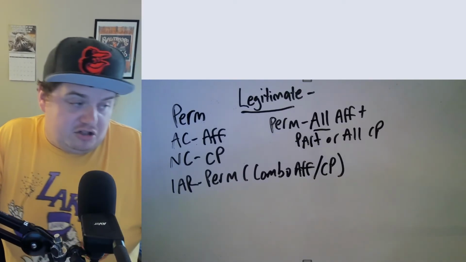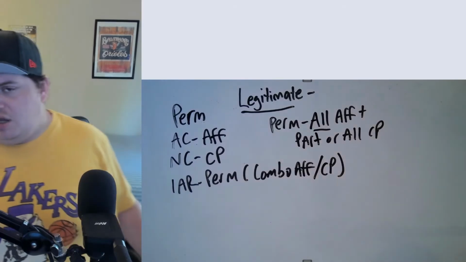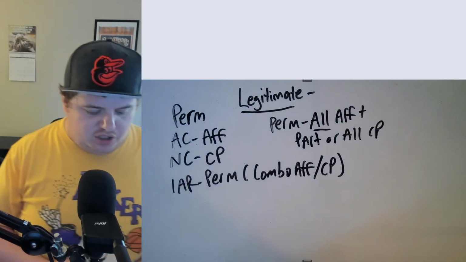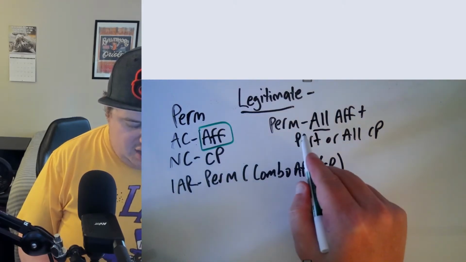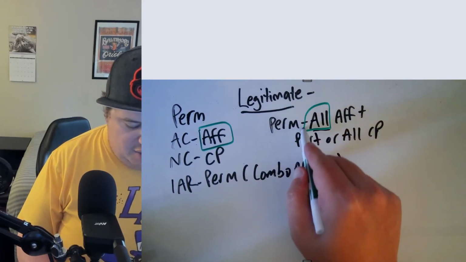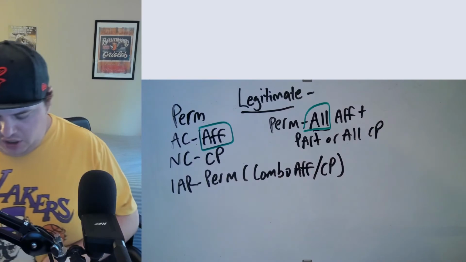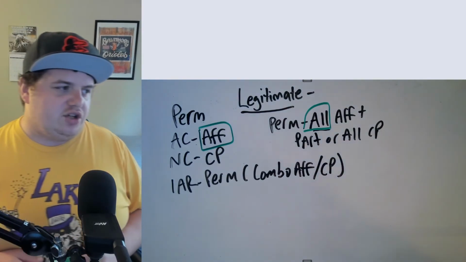Yeah. So there's the notion that in order for a permutation to be legitimate, whatever it upholds in the AC, it must also uphold in all of the permutations.